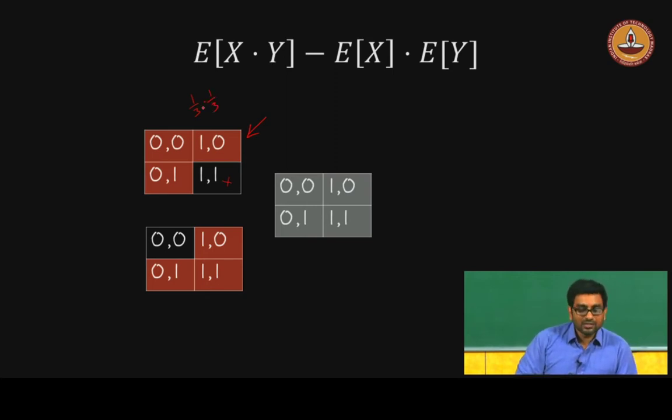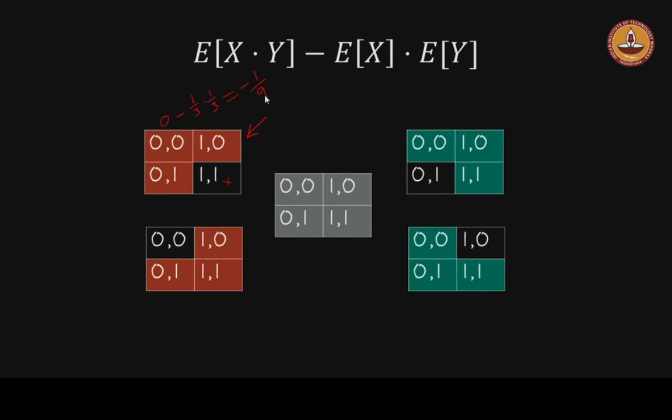Okay. And what is the expectation of x times y? 0. Why? Because at least one of them is always remaining as 0. So, it is going to be minus 1/9, and you can work out something like that for this other example shown here as well. Okay.